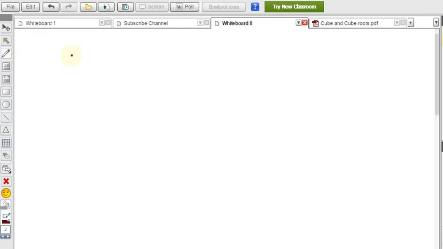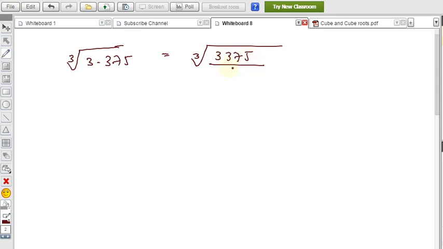Cube root of 3.375 is the question. Cube root of, convert into fractions, 3375. Remove the point, and for the number of decimals after the point, you take that many zeros after one.